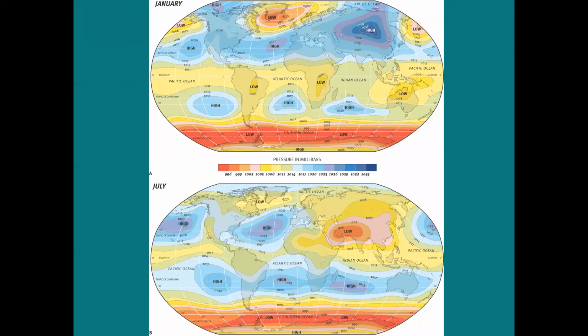So looked at from a perspective of January and July generic conditions, notice how you tend to have in January high pressure, low pressure, high pressure, low pressure. Do you see the pattern?